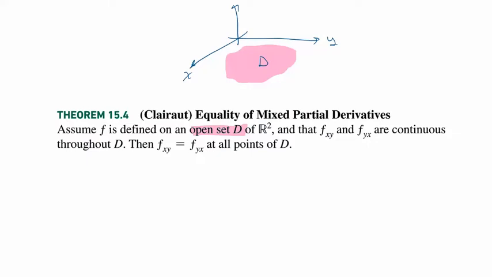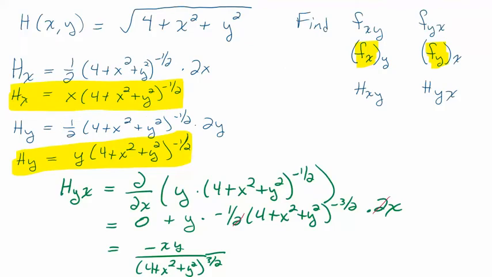And if we get an f sub xy and an f sub yx that are continuous in this pink area here, then they're going to come out to be the same value. So if I'm looking at, say, this function right here, it's continuous everywhere, except for, well, actually everywhere with that 4 in there, right?